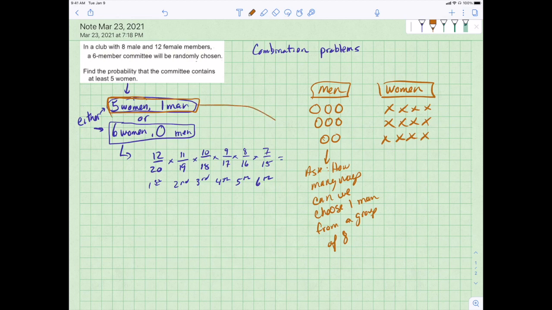We're going to look at that case, 5 women and 1 man, and then we're going to ask how many ways can we choose 5 women from a group of 12.